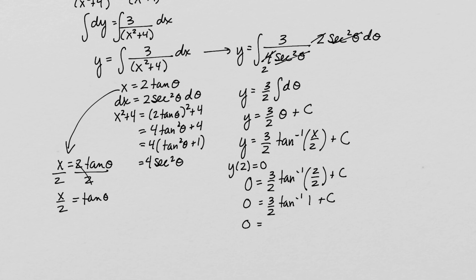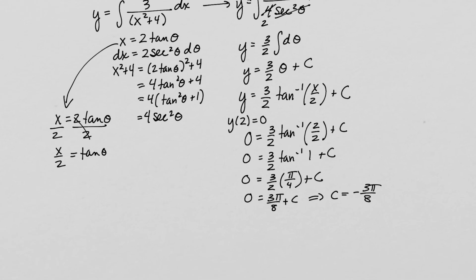So 0 is equal to 3 halves times pi over 4 plus c, or 0 is equal to 3 pi over 8 plus c, which means c is equal to minus 3 pi over 8. And now I can go back and plug back into my problem. So y is equal to 3 halves the inverse tangent of x over 2, minus 3 pi over 8.